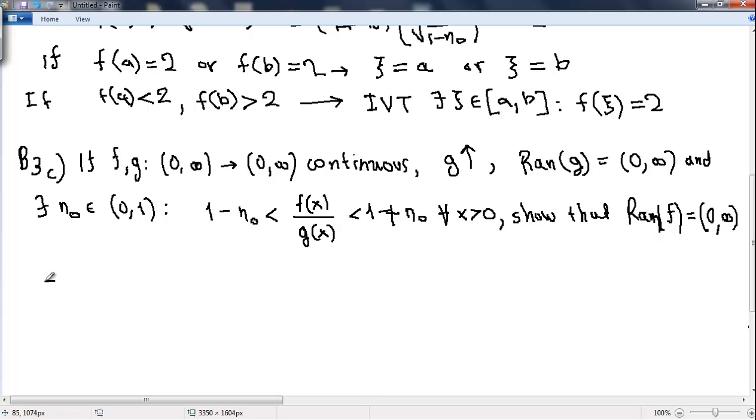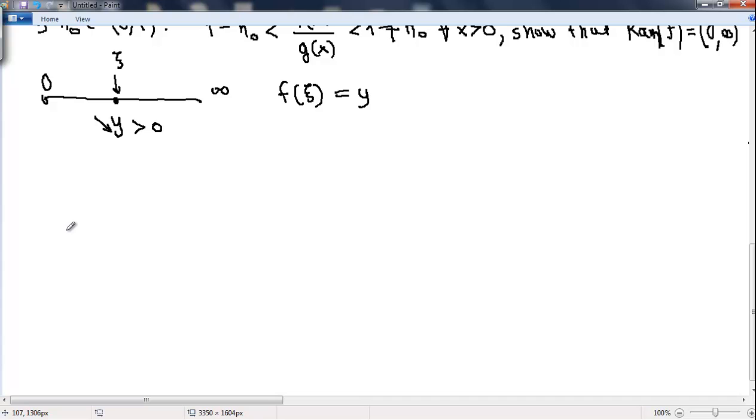It means that if I take a random positive y, I can find xi in the domain of f such that f of xi equals y. So I need to find xi such that f of xi equals y for every positive y. Now, how can I achieve that?